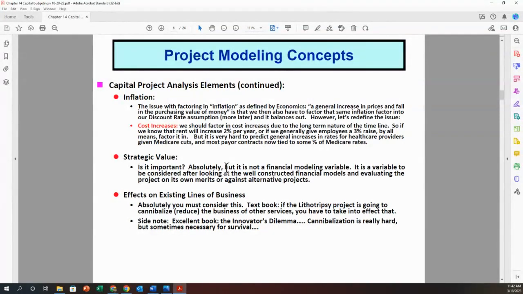The textbook talks about it, but it's not a financial modeling variable. Again, the textbook sometimes makes me scratch my head. Strategic value is a non-financial consideration. Obviously, we want to consider it, but let's talk about that when we talk about mission and other things.